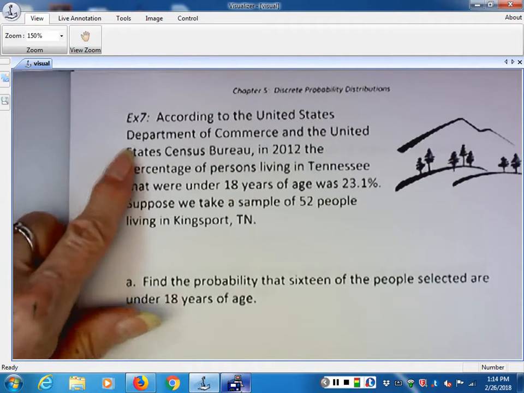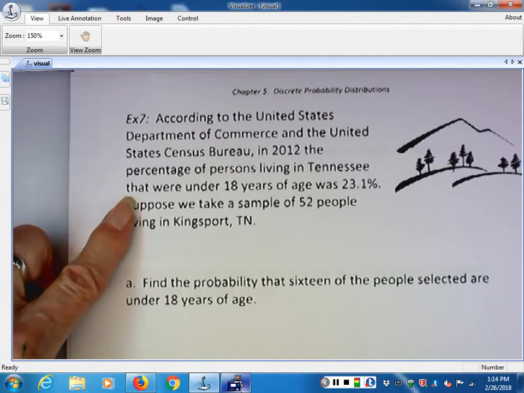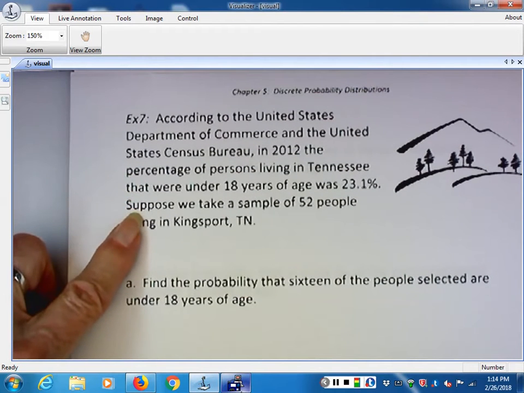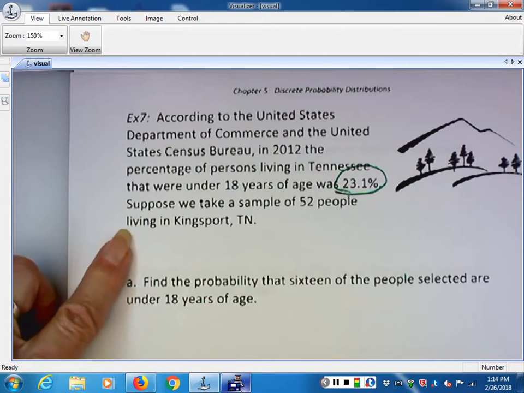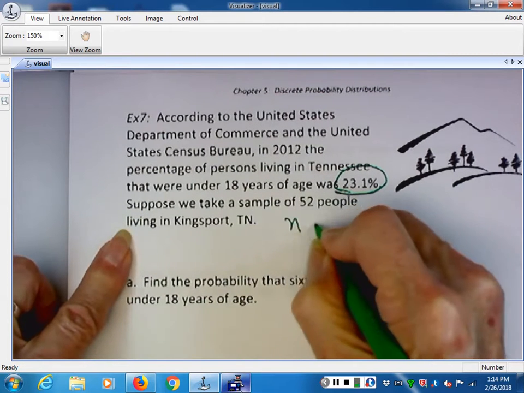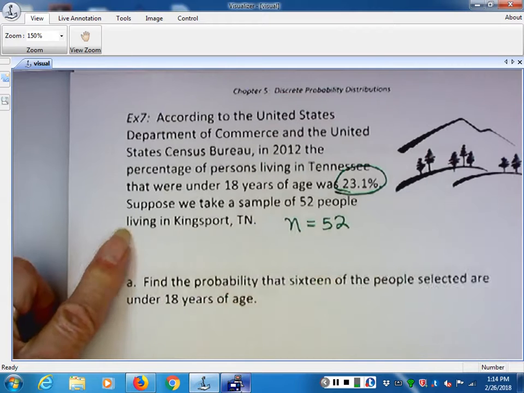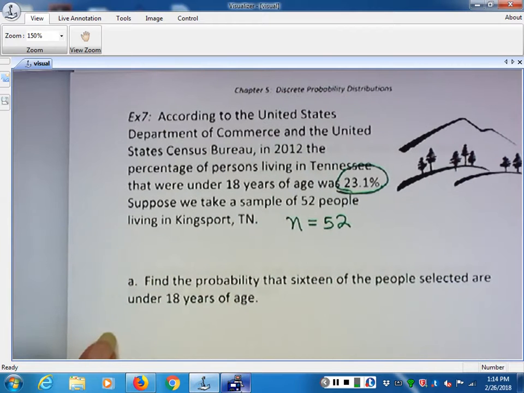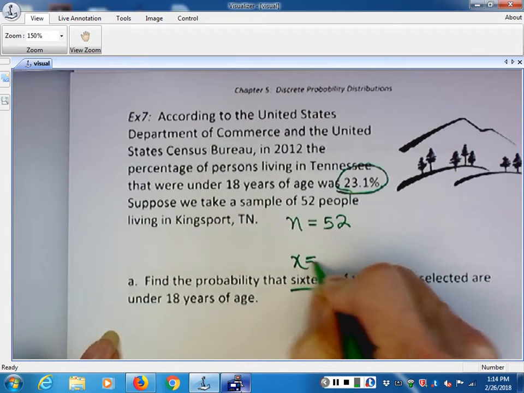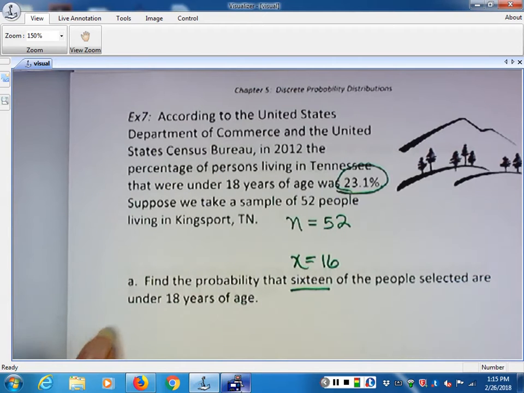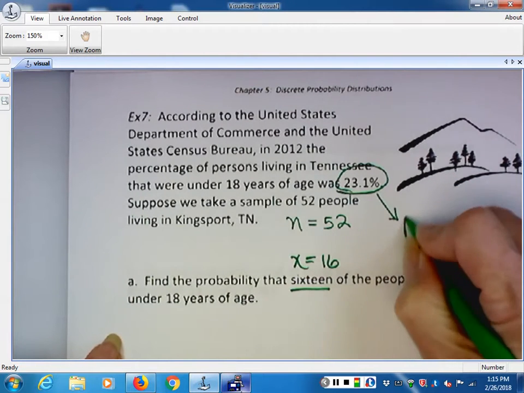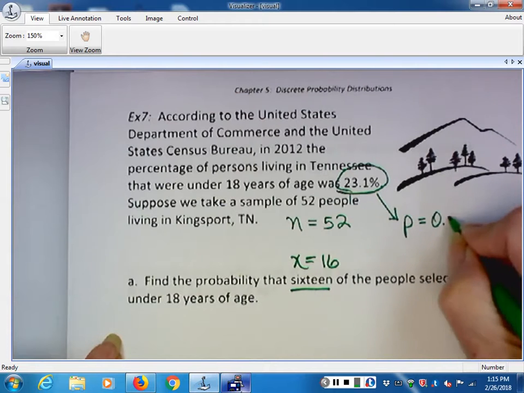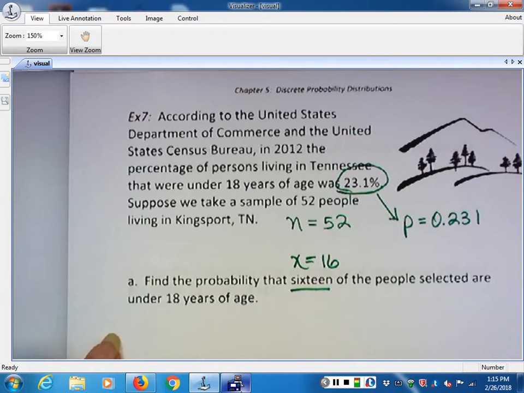According to the U.S. Department of Commerce and United States Census Bureau in 2012, the percentage of people living in Tennessee that are under 18 was 23.1%. And we take a sample of 52 people. Find the probability that 16 are under 18 years of age. That percentage is your probability, so that's 0.231.